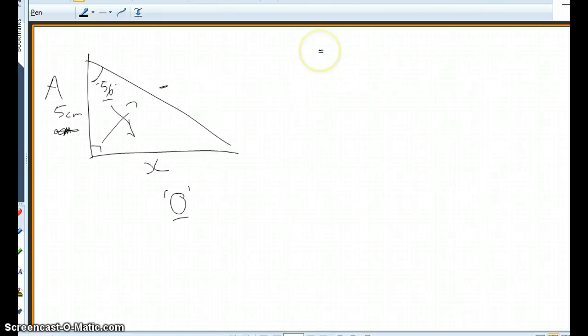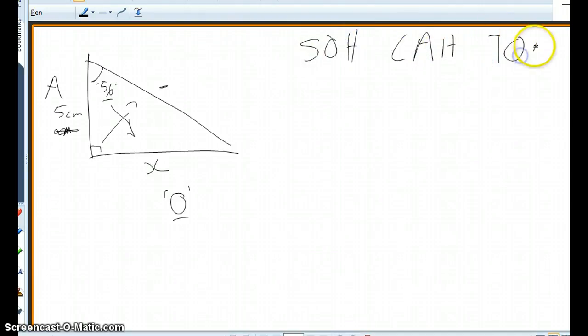So whenever I see a trig problem, I'm going to write at the top of my page, SOH CAH TOA. Because I'm dealing with O and A, we now need to choose which trig function, and we choose the one that deals with the O and the A, this one here.